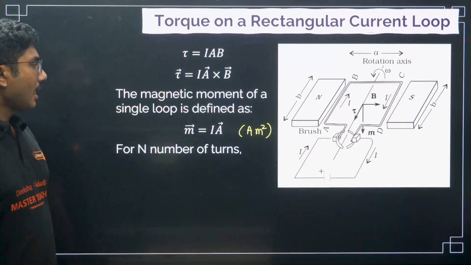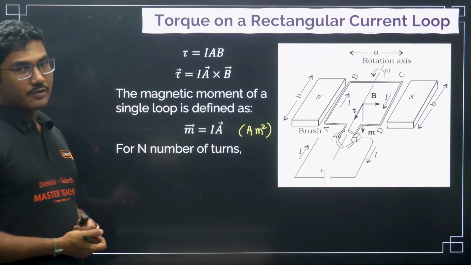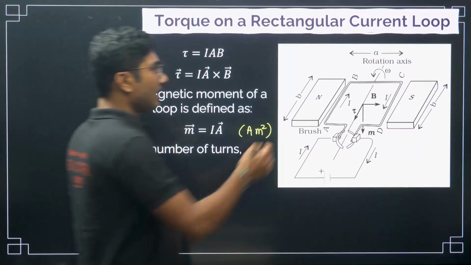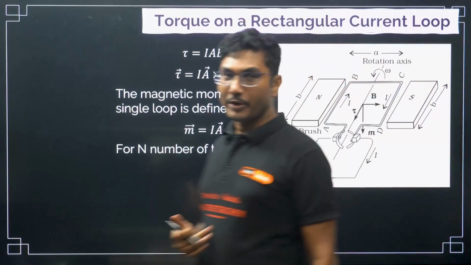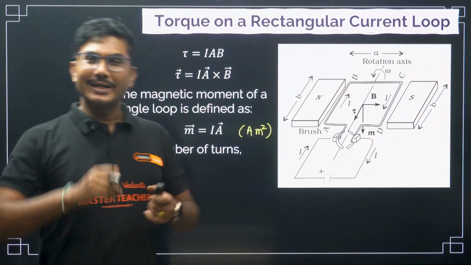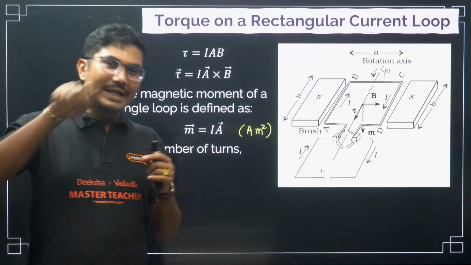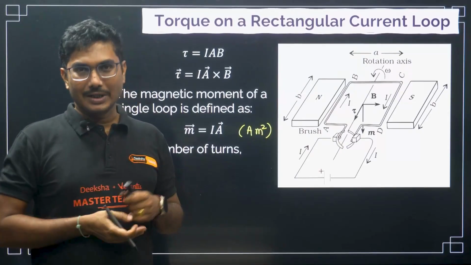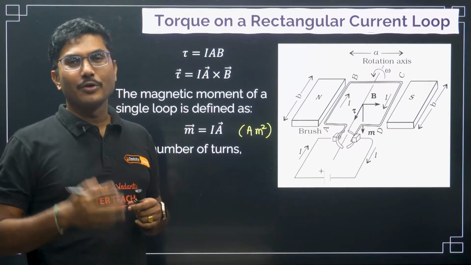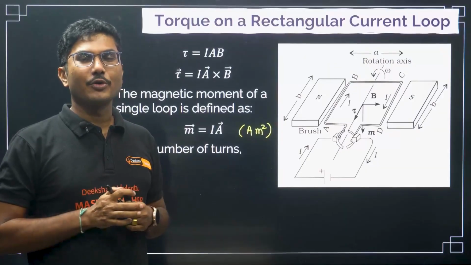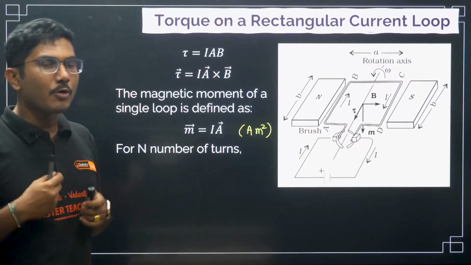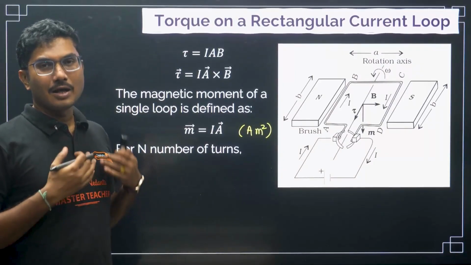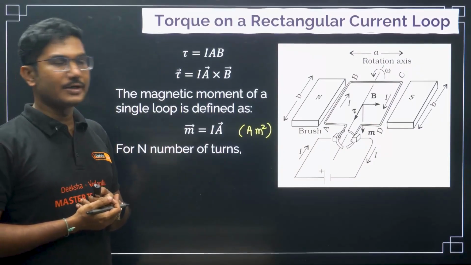Now one important thing about a loop: why are loops important? Because you can create a loop not only once, you can produce it multiple times. That's why loop is very important, especially in the chapter on magnetism.